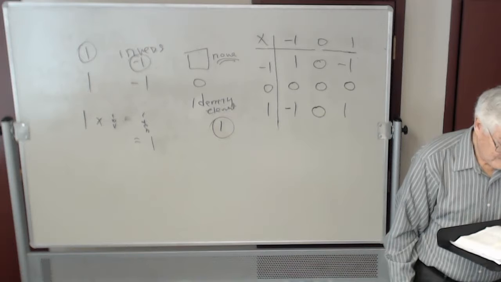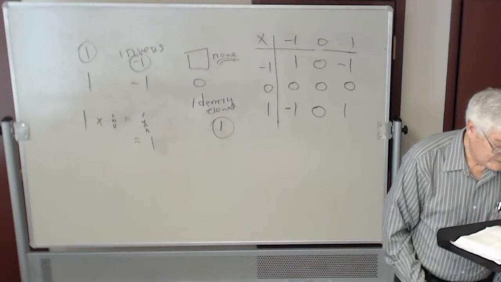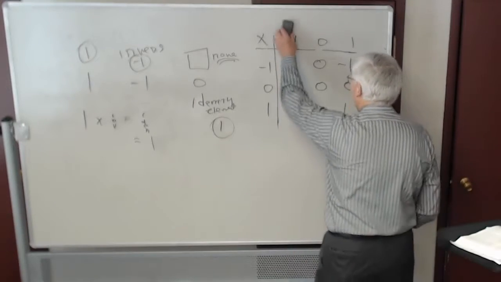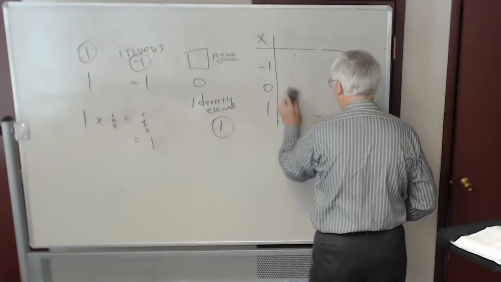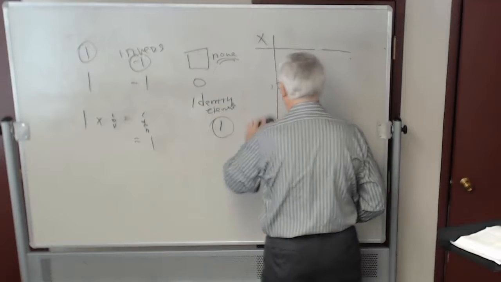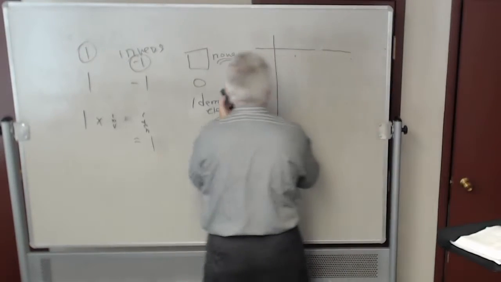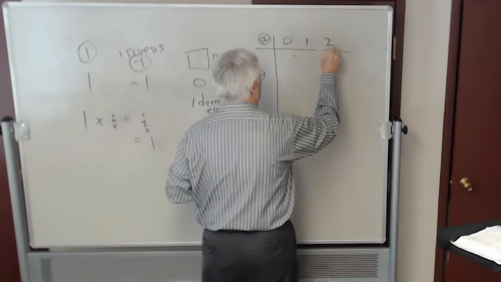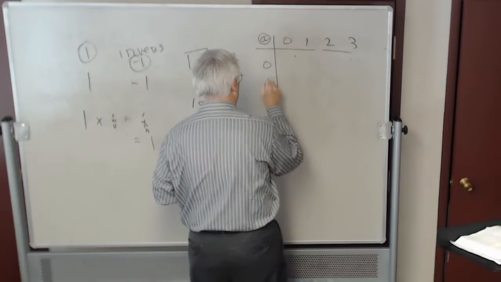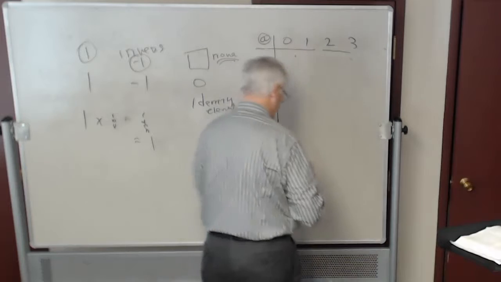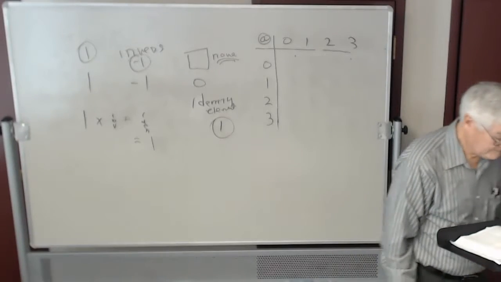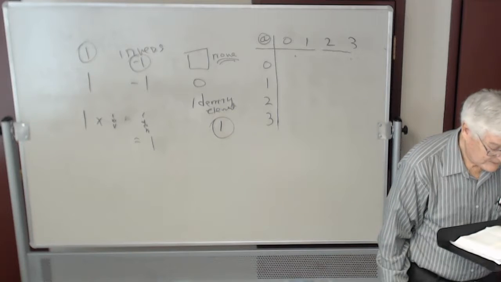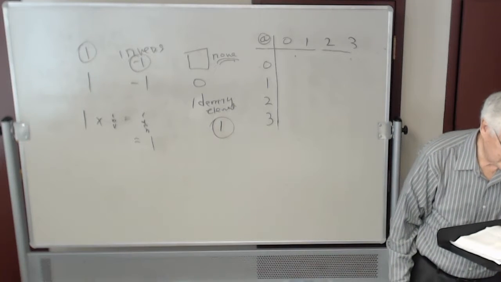Number 26. Now they changed the table on us. 0, 1, 2, 3. And 26 says, is it closed?